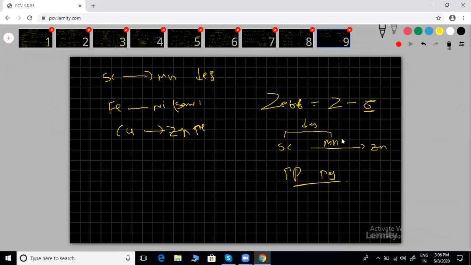After manganese, from iron to nickel, the screening effect starts to increase, and Z effective, the attraction, also increases. Both increase by almost the same amount, so the net value almost cancels out.